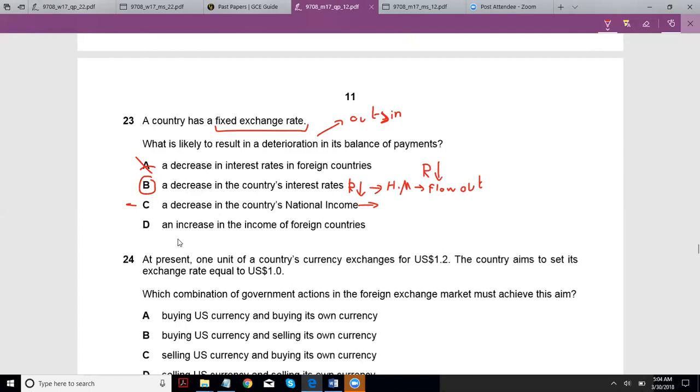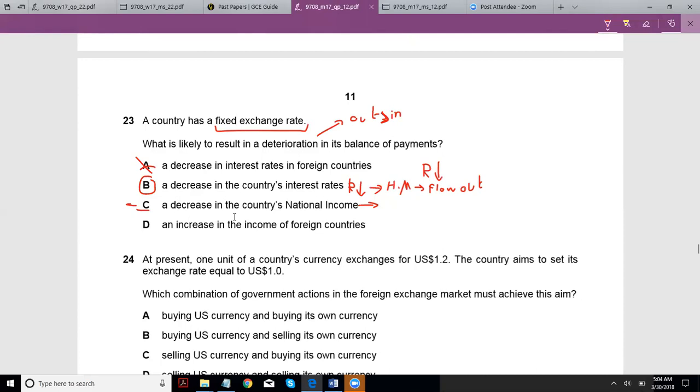An increase in the income of foreign countries. Okay, I think I misquoted C. We were talking about deterioration. So in C, if the national income of your country decreases, then yes, you might be spending less on imports. But as I said before, output could have decreased, and all of that.